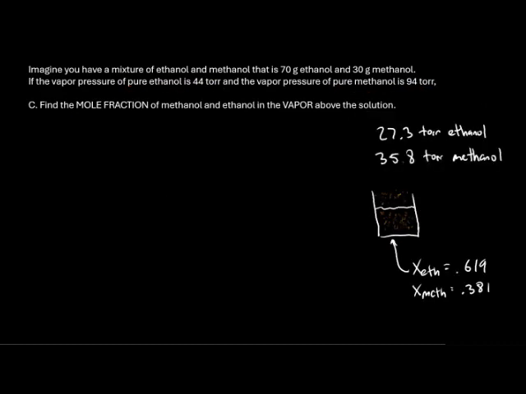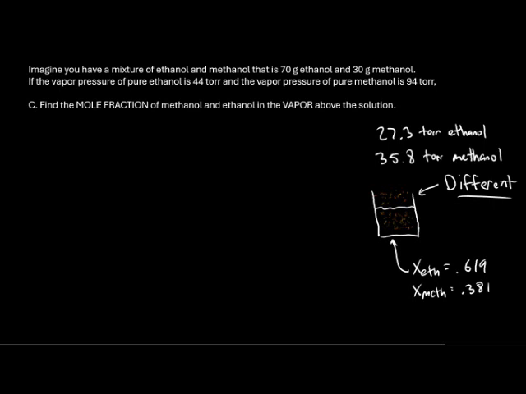Part C may look a little confusing at first. This says to find the mole fraction of methanol and ethanol in the vapor above the solution. We found two mole fractions previously, but that's going to be correct for the liquid portion. The mole fraction of the vapor above the liquid will be different. However, the pressures we found previously will help us get that mole fraction.